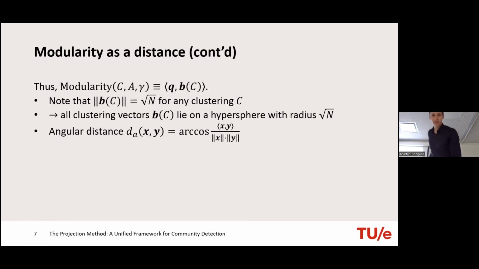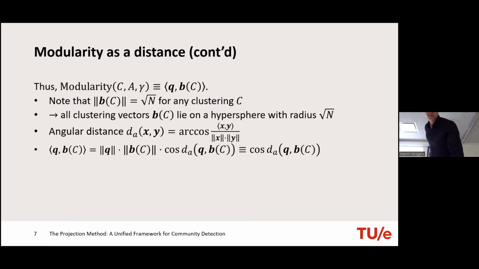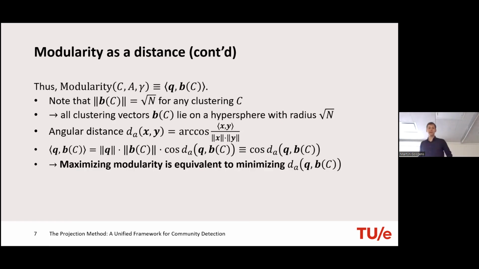And so if we rewrite this inner product in terms of this angle, then we get this. And so this Q over here, the length of that Q vector does not depend on C. The length of this B_C is the same for every clustering. So then maximizing modularity is thus equivalent to maximizing the cosine of this angle, which is therefore equivalent to minimizing this angle.